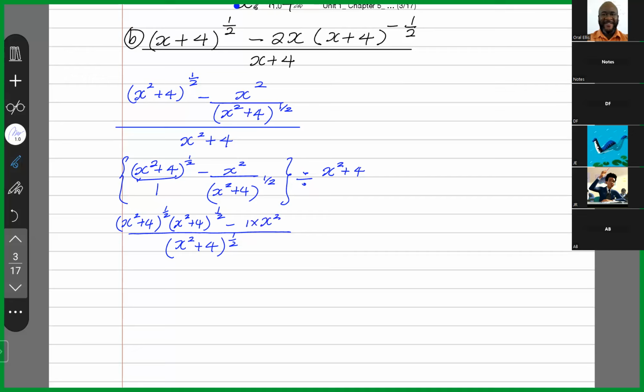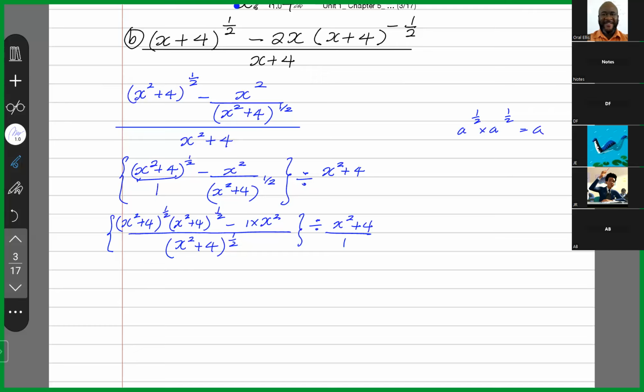So this is still the numerator. And we're dividing by the denominator, which is x squared plus 4. I'm going to put this over 1. Now, a to the half times a to the half is equal to a.